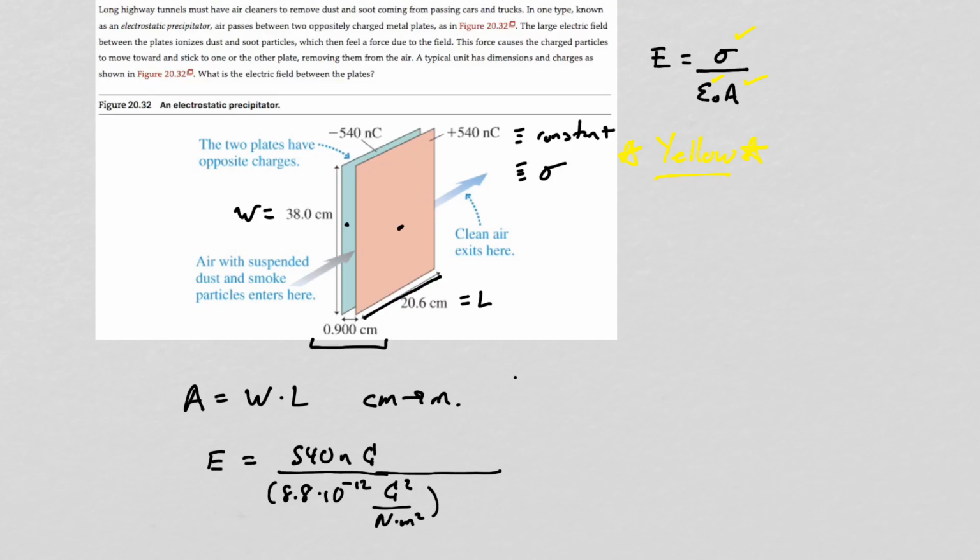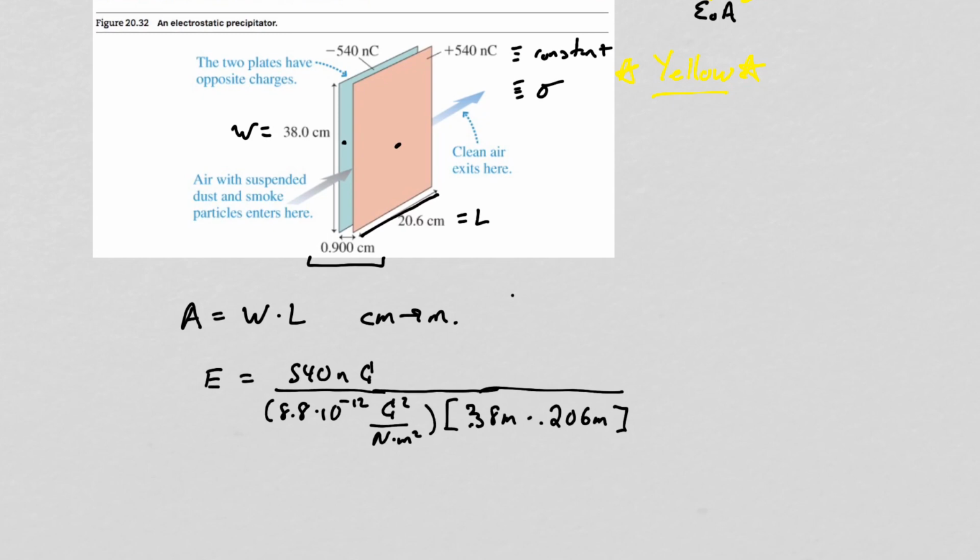Whole thing times the area, which again must be each one of those lengths and widths converted to meters. So in reality, 38 centimeters is 0.38 meters times 0.206 meters. And then we just have to figure out what happens to the units because the rest of this is plug and chug.